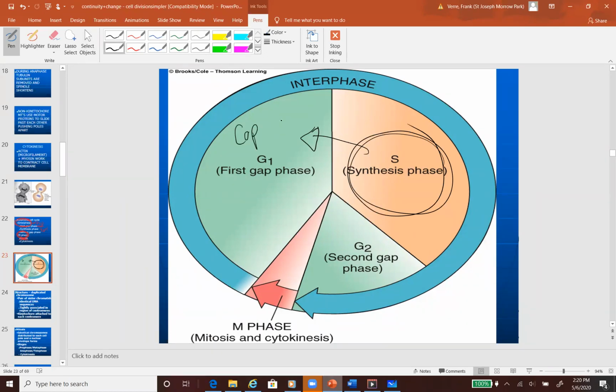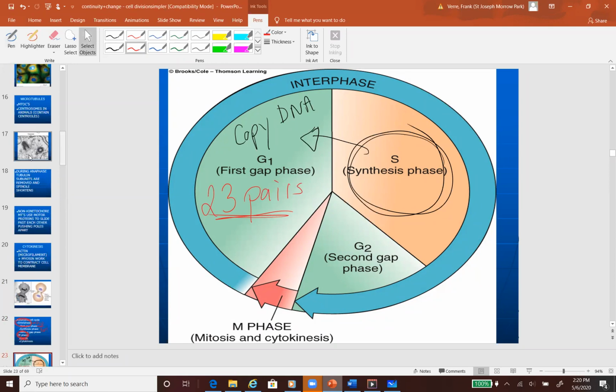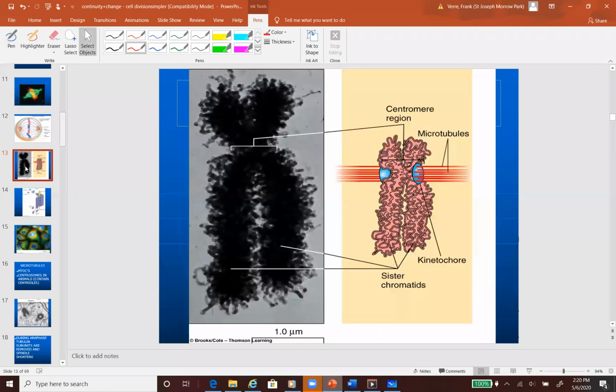So it's going to copy its DNA. So what that means is if you have, for example, in a typical human cell, there are 23 pairs of chromosomes. So if I go back to what a chromosome looks like, there will be 23 pairs of this, okay?